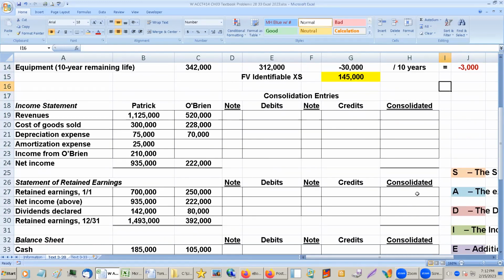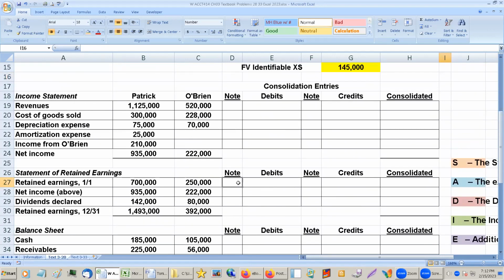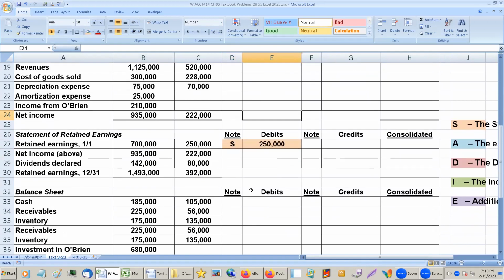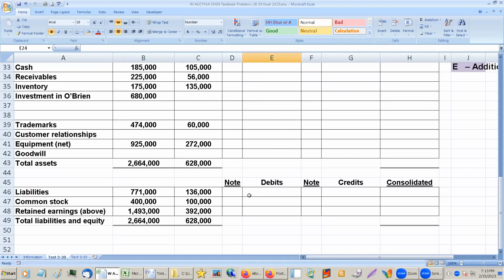Okay, so let's see, we have, okay, they don't have any additional paid in capital.